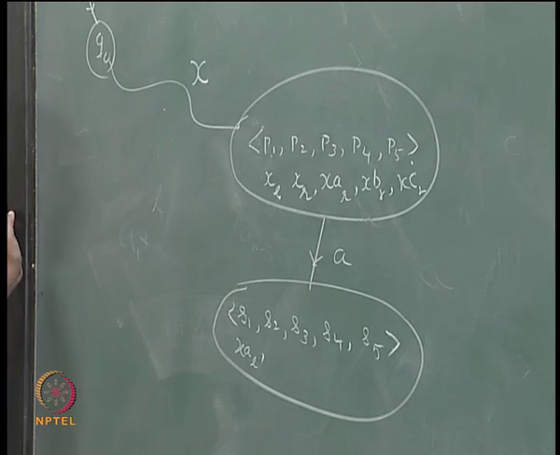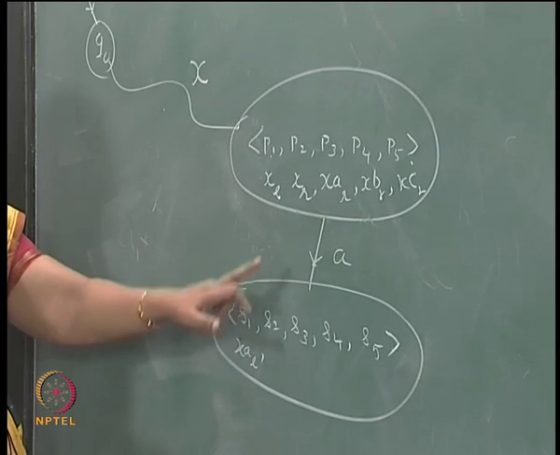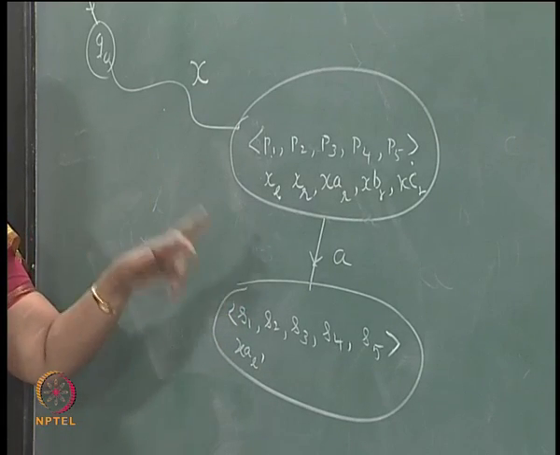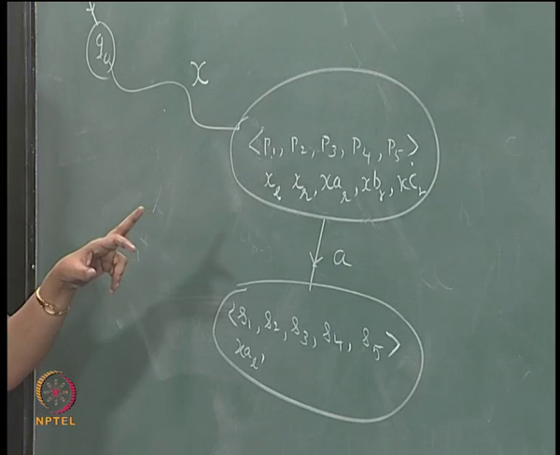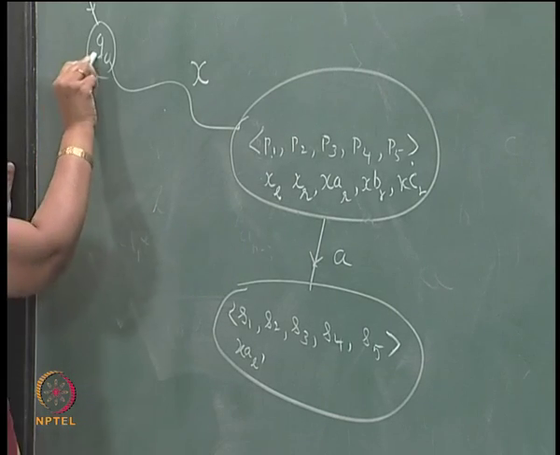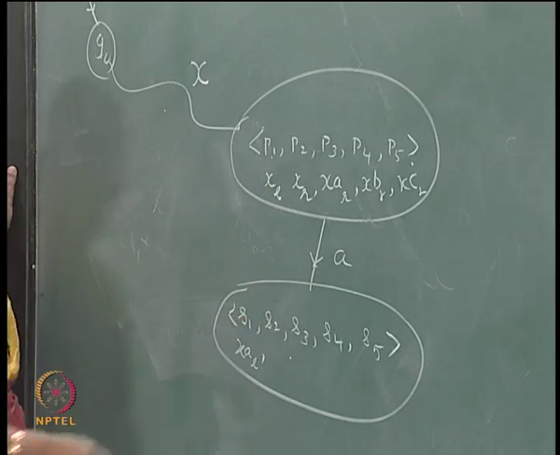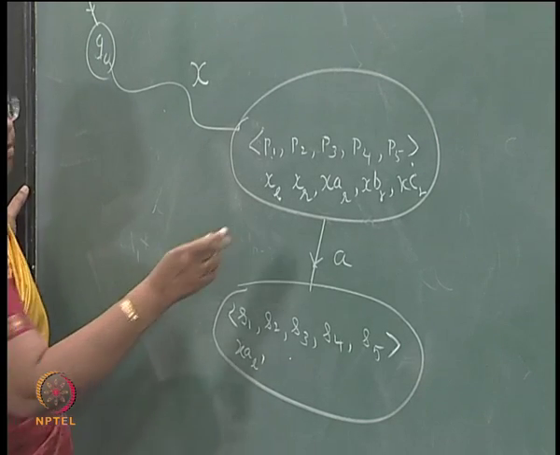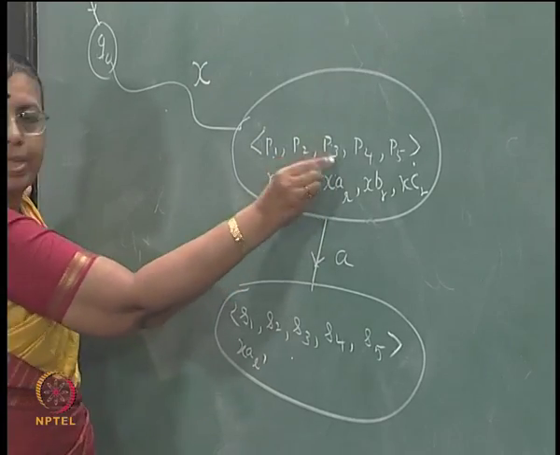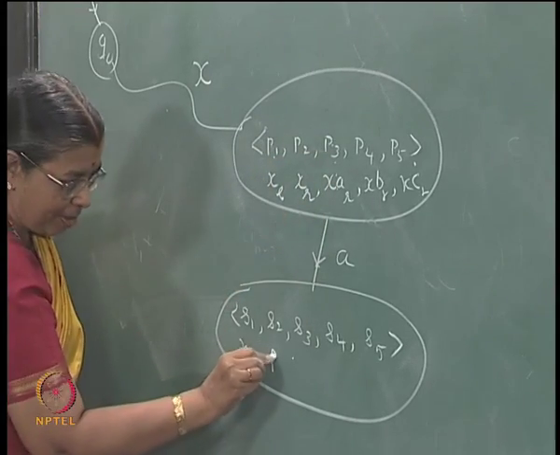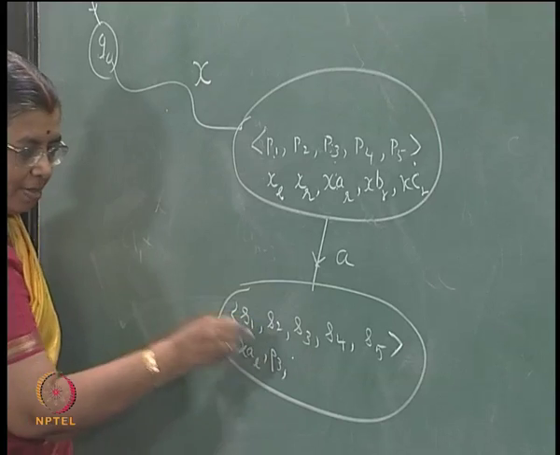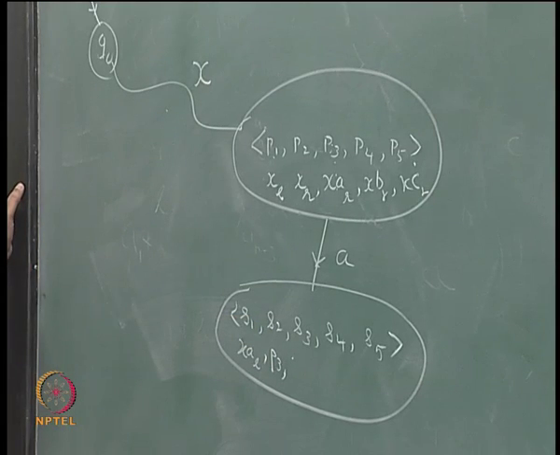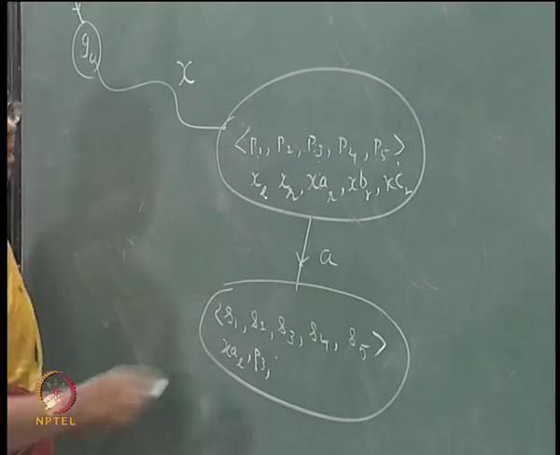Now, what is the second component S2? It is the right evaluation of XA, isn't it? After reading XA, you have reached this, so the second component should give you the right evaluation of XA. But what is the right evaluation of XA? It is P3. Now, what about the third component?